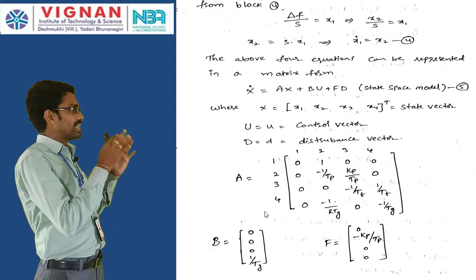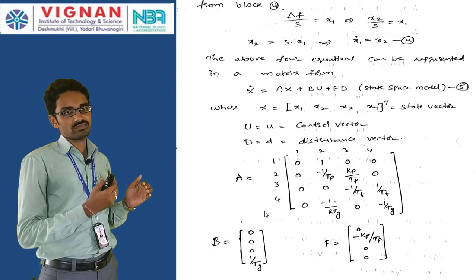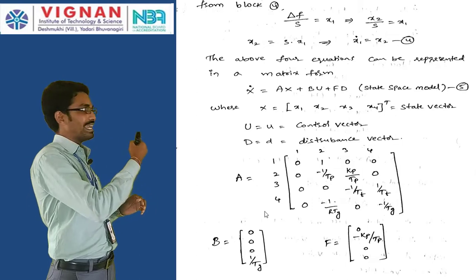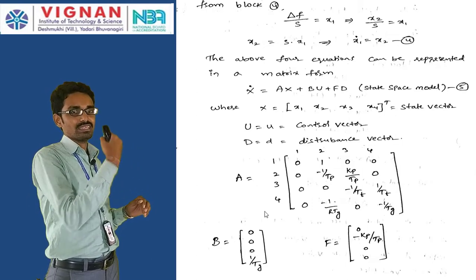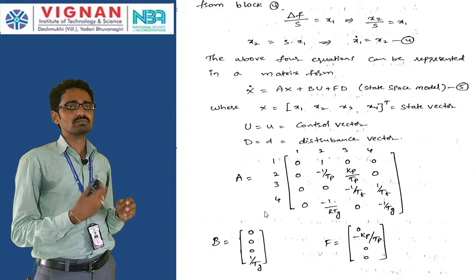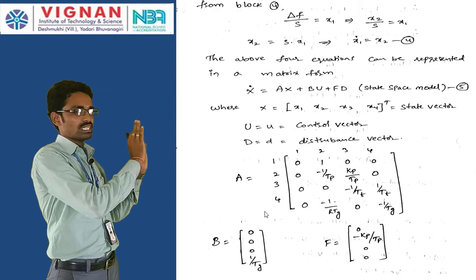So if I write by considering those 4 equations, x dot is equal to Ax plus Bu plus Fd. What is actually the state space model? It is not in the form of the state space model.